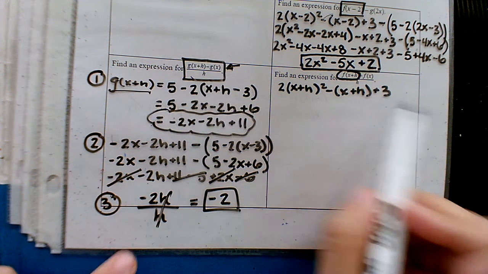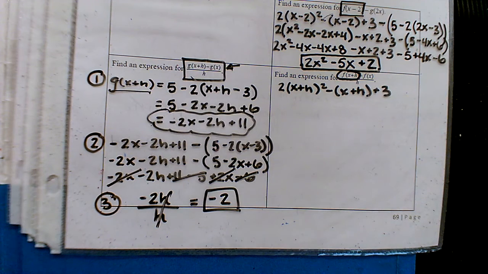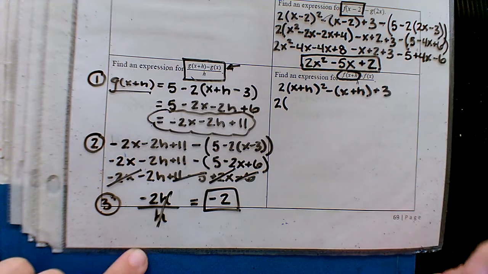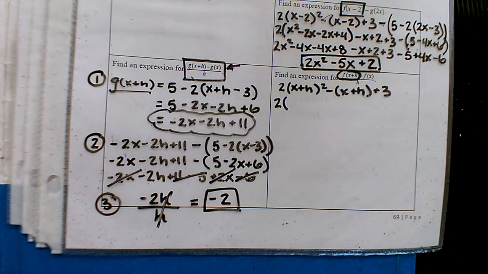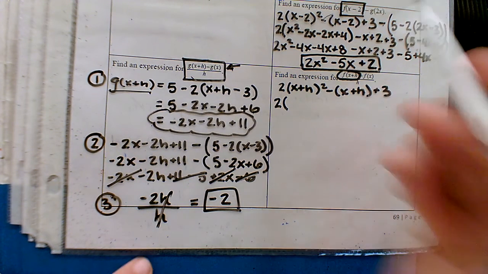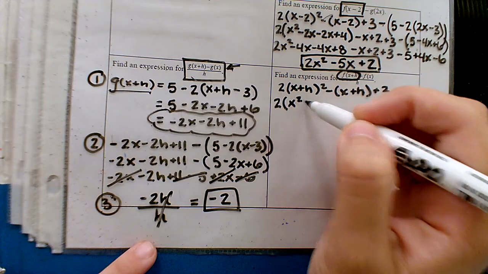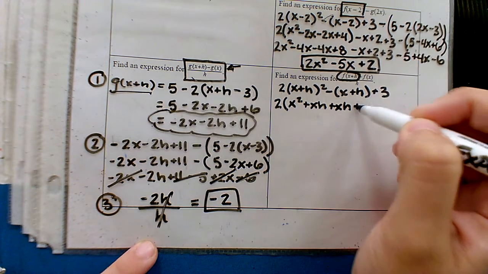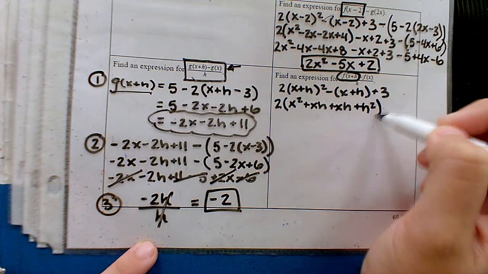Let's go ahead and clean this up. We're going to get rid of the parentheses. We're definitely going to have to go through a FOIL process because it's squared. So if you were to write x plus h twice and go through FOIL, we'd have firsts, outsides, insides, lasts.